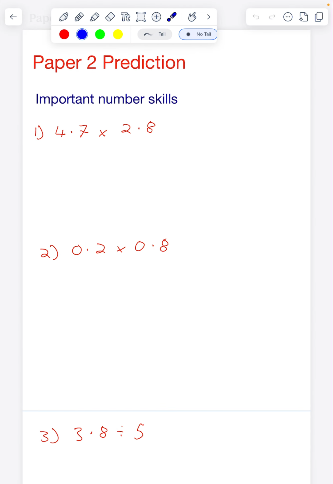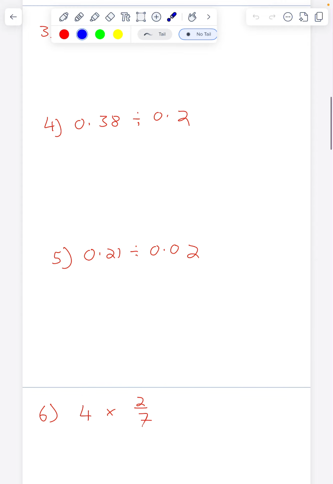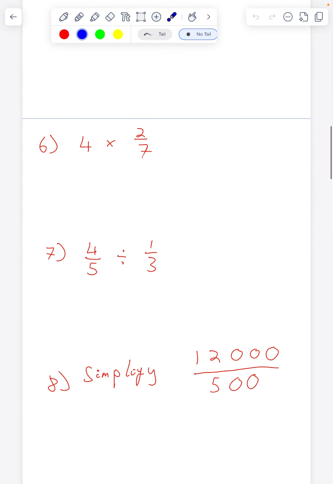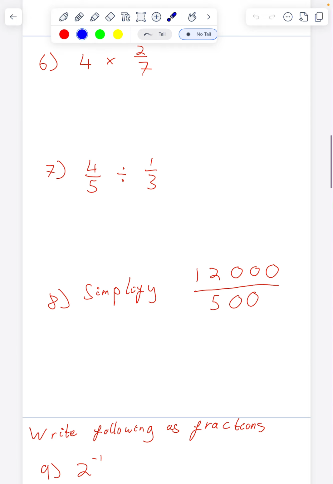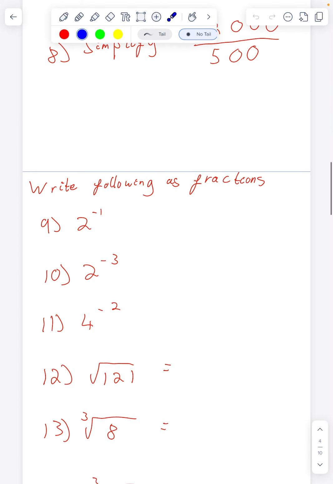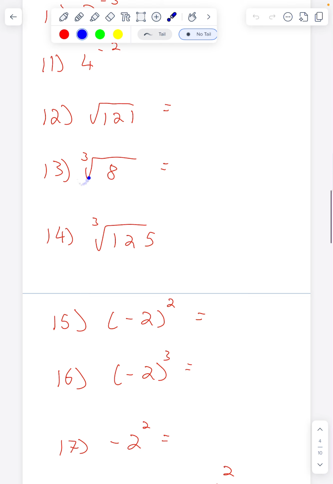Okay, so this video, just a brief outline, is going to be timesing, dividing decimals, timesing and dividing fractions, where you can see you've got this kind of scenario as well. Simplifying fractions. You've got indices with negative powers. You've got roots in there, okay, including cube roots.